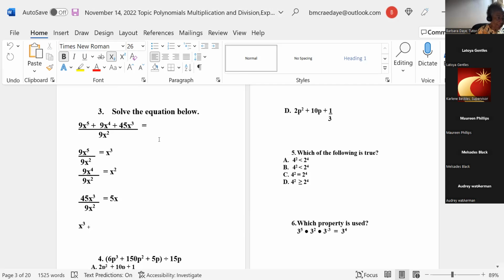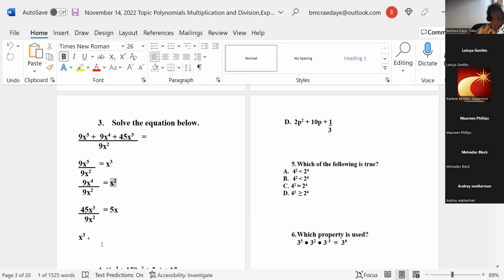And x to the second. Let's put that right next to it. And plus 5x, right? Oh, that's a big error. x to the second plus 5x. Okay, so this should be x to the second.